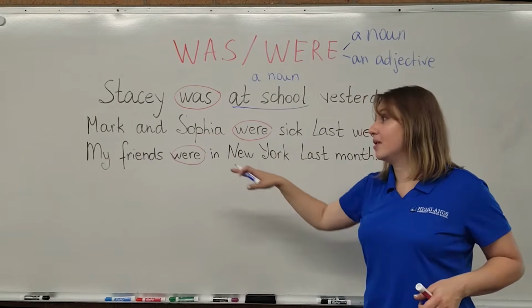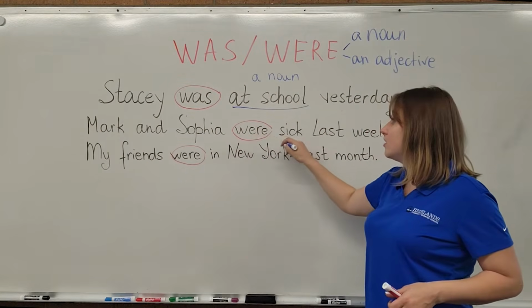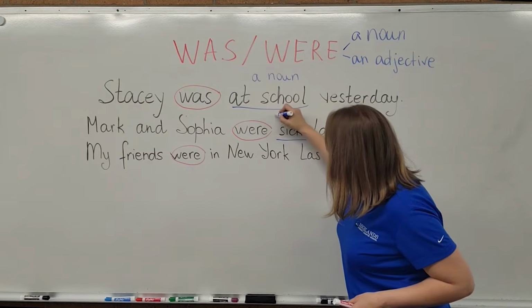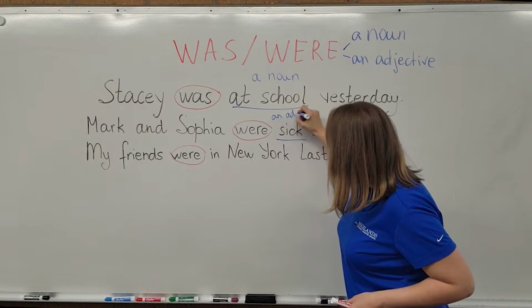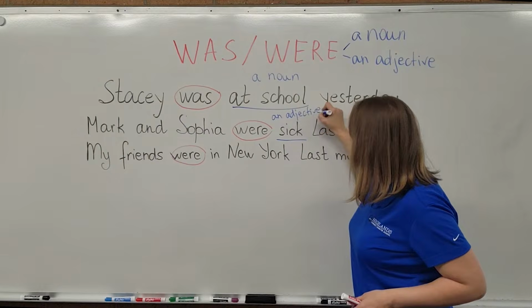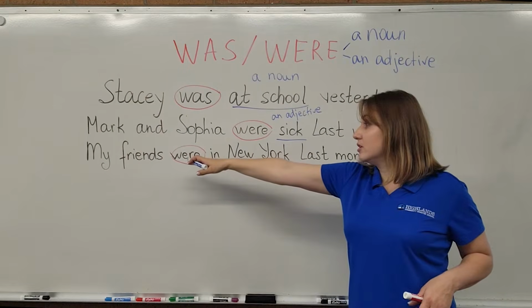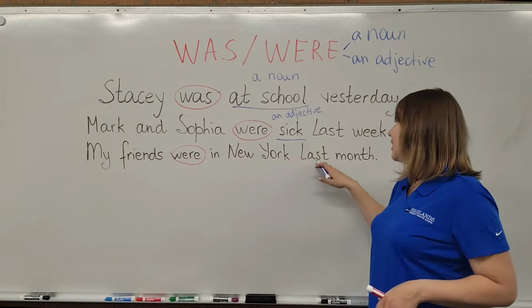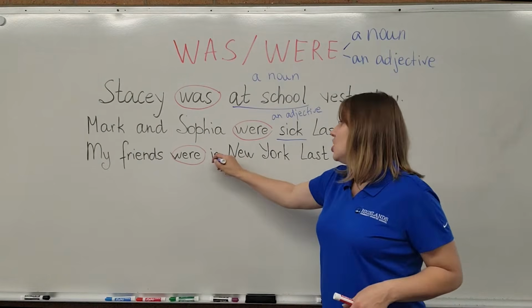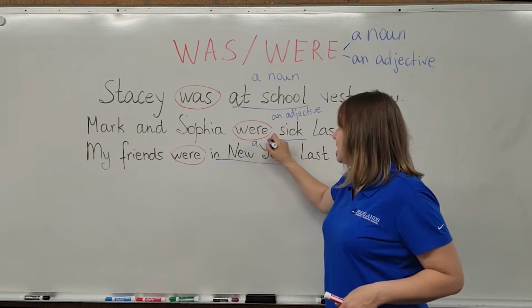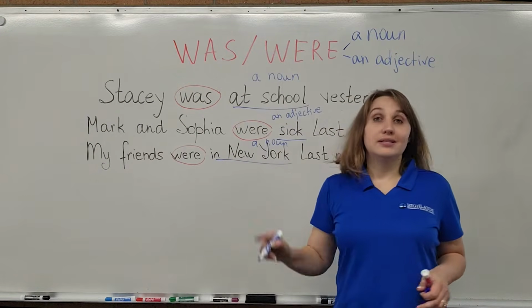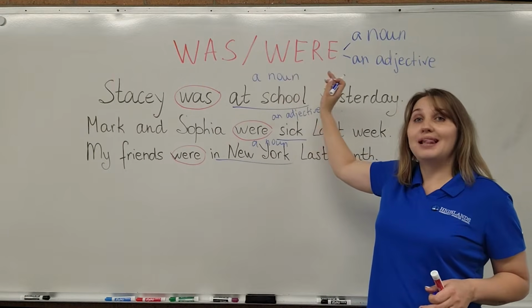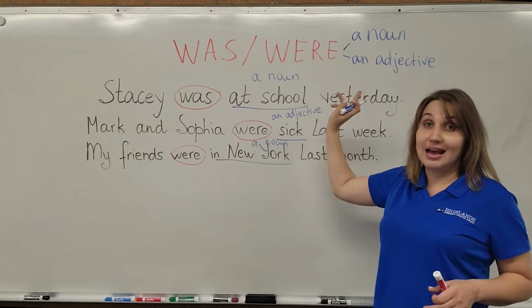The next example, Mark and Sophia were sick. So sick is a form of an adjective. And in our last sentence, my friends were in New York last month. Again, in New York, that's a noun. So please remember again, was, were, plus a noun or an adjective.